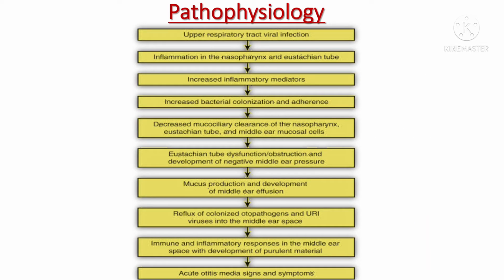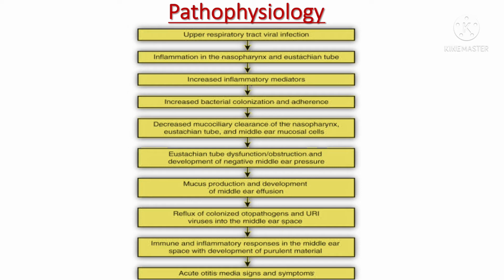Now we will talk about the pathophysiology. Since we already discussed in etiology that both viral and bacterial infections can cause acute otitis media, let's imagine that a patient has an upper respiratory tract viral infection, and because of that there is inflammation in the nasopharynx and eustachian tube, and an increase in inflammatory mediators.